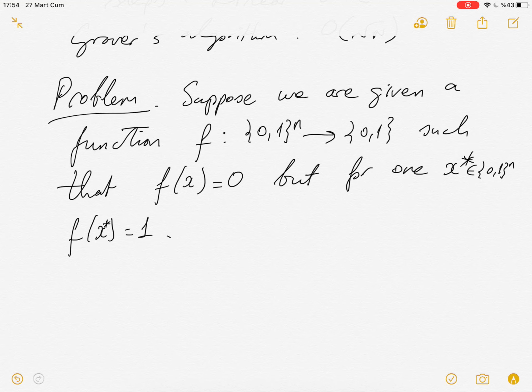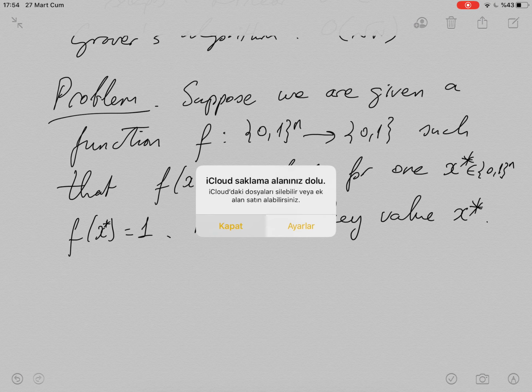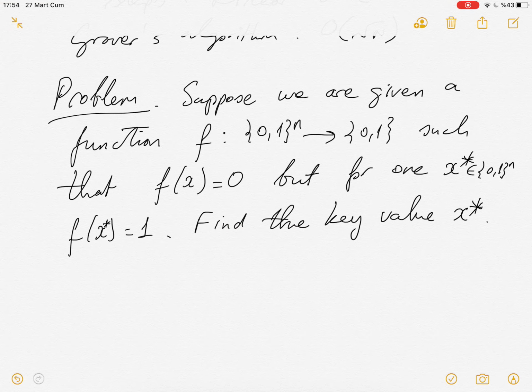And the problem is to find this key value x star. So x star is the entry that we want to find in our unstructured database.